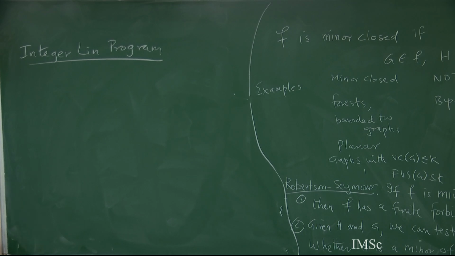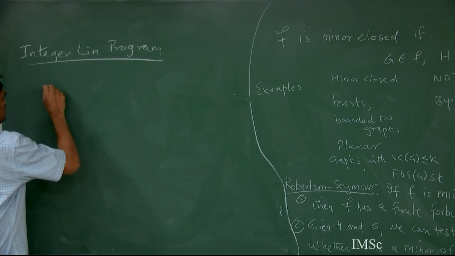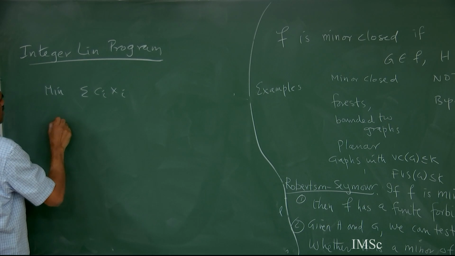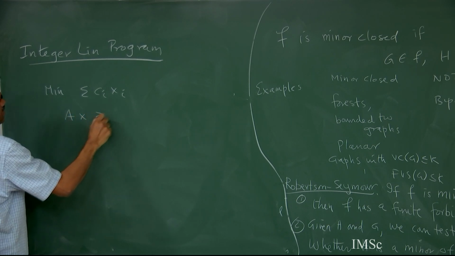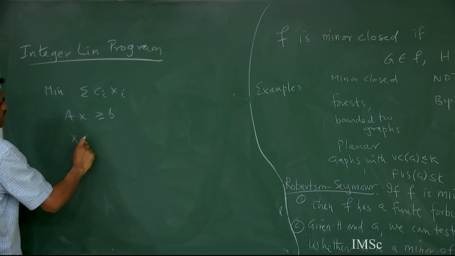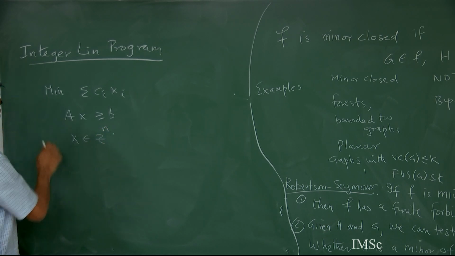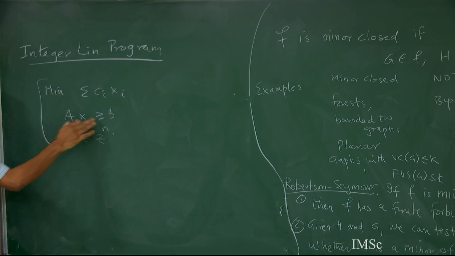But what we know is that suppose the number of variables in the linear program is bounded. Your integer linear program has an objective function, minimize summation c_i x_i, and then there are constraints. This is how a typical LP looks; instead of min it could be max, and less than or equal to.